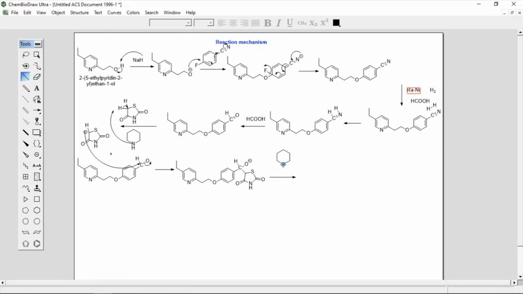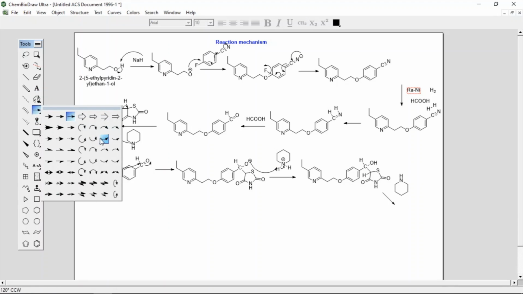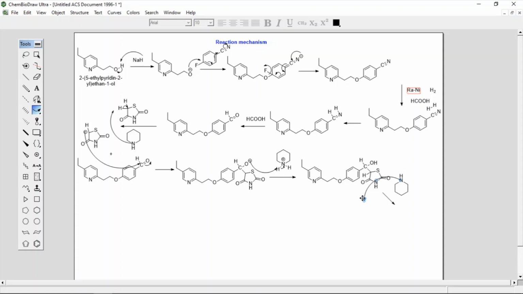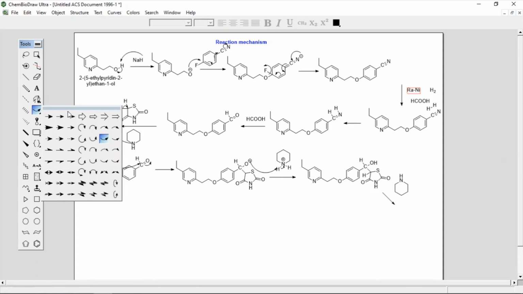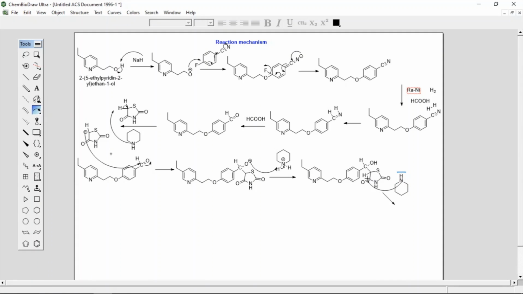So this nitrogen acts as a base and it takes this hydrogen.